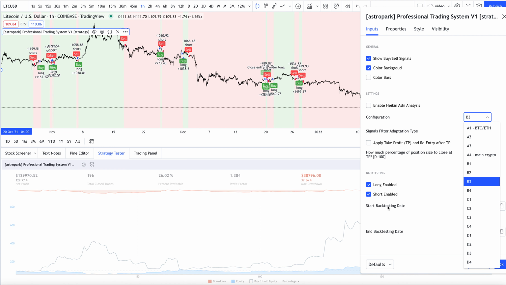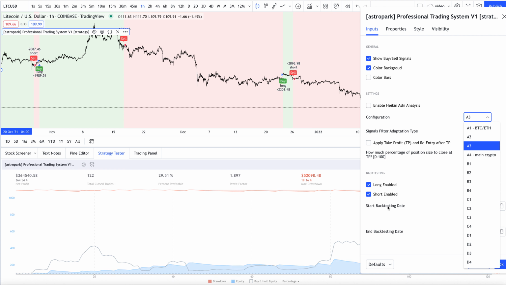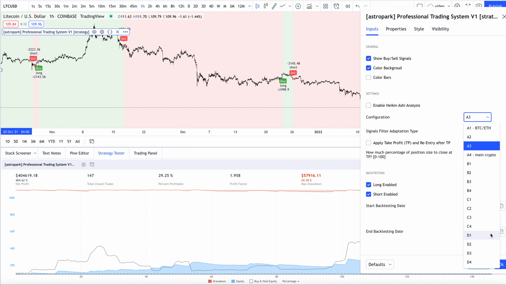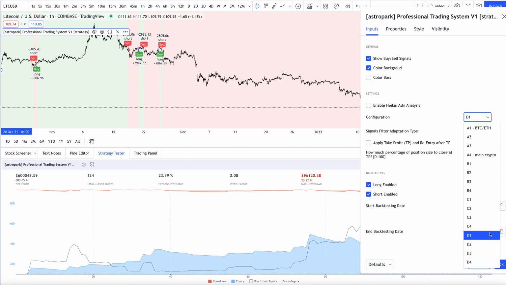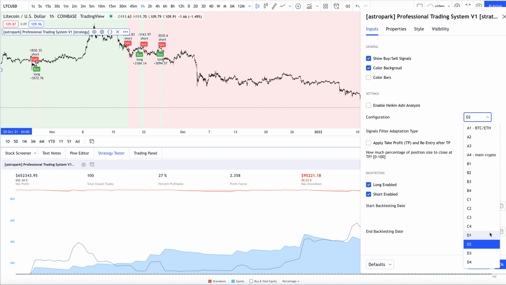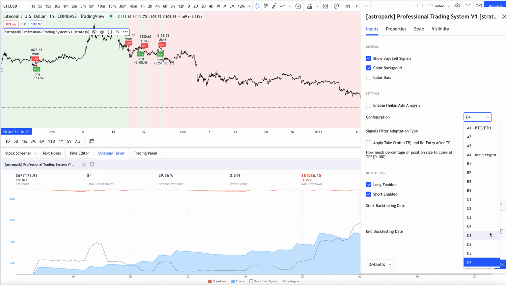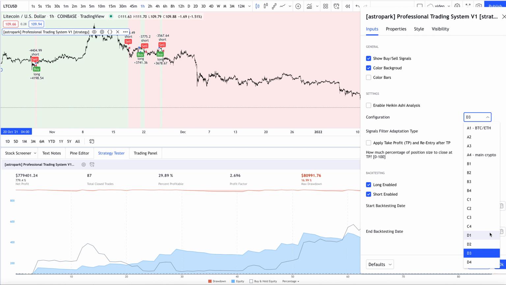These are still high. Okay. Yeah, the A3, or no, D1, D2, D3. Maybe D3 in this case is the best one.